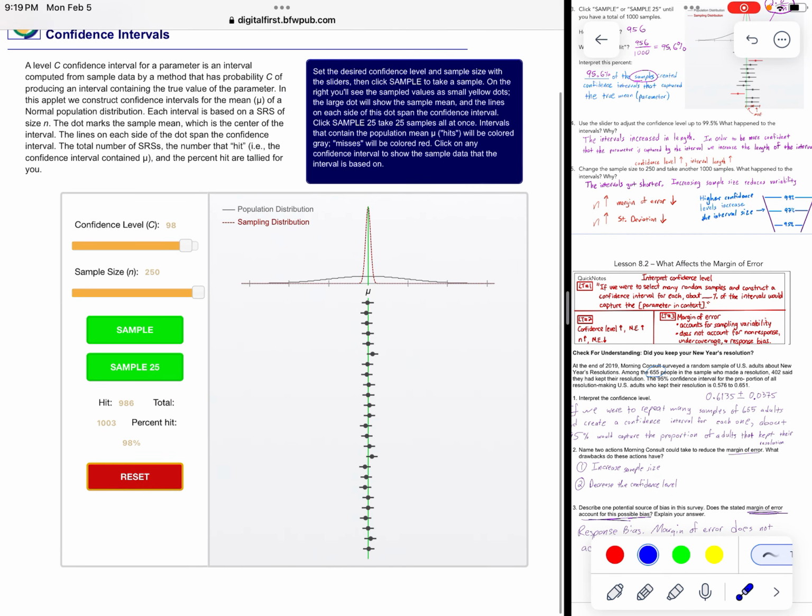You can see that I set my confidence level to 98%, and look at that. I hit 986 out of 1,003 for pretty much spot on 98% success. So you're learning here that if you really want to raise your confidence, you can increase your sample size.